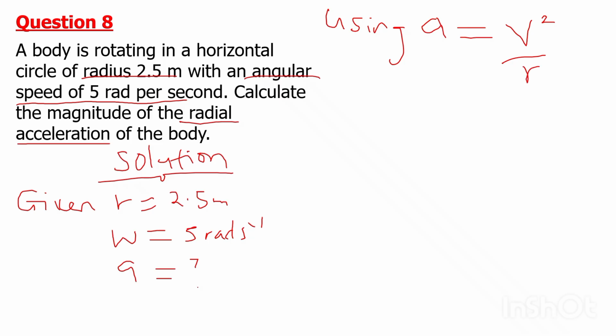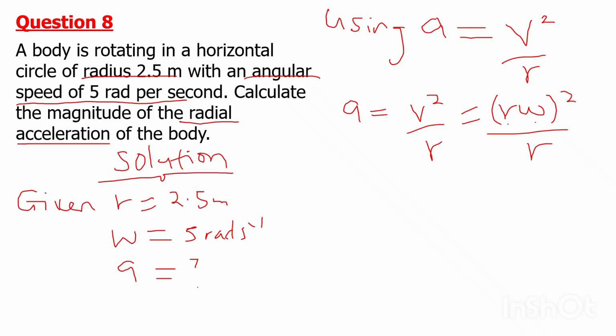From this, we are going to derive another formula of v squared over r. Remember that v is equal to r omega. So instead of v, I've written r omega. Then you square it all over r.